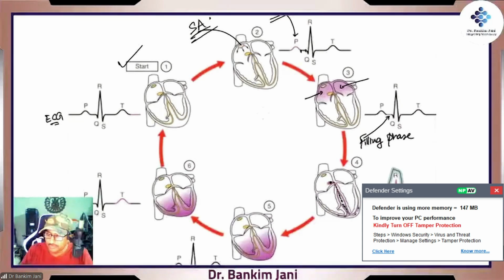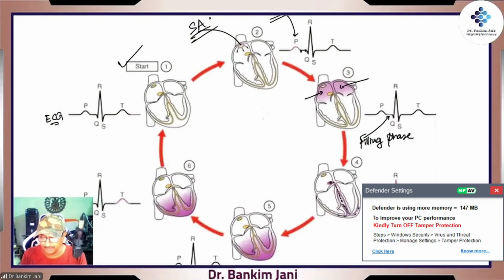From the bundle of His, it straight away starts sending signals to the ventricles, and the ventricles start contracting. That's why this is called ventricular depolarization.